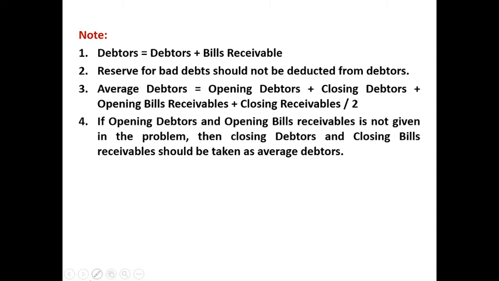Then how to calculate the average debtors? That is opening debtors plus closing debtors plus opening bills receivable plus closing bills receivable divided by 2. If opening debtors and opening bills receivable are not given in the problem, then we have to take closing debtors and closing bills receivable.